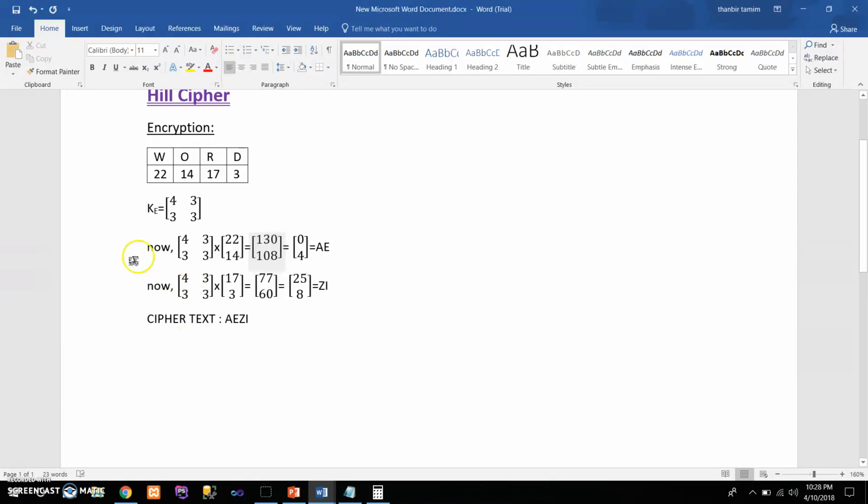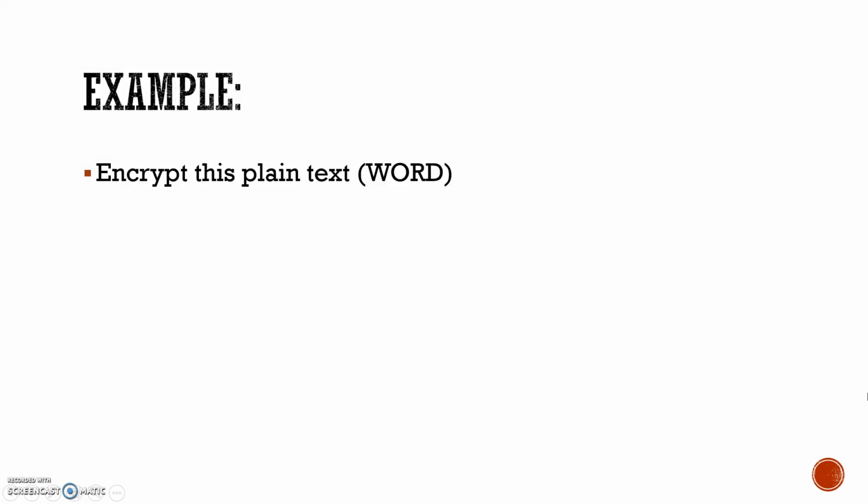So this is the encryption process by using the Hill Cipher algorithm. And at last, we have completed our encryption process. Our plain text was WORD, and we have the code A, E, Z, and I.